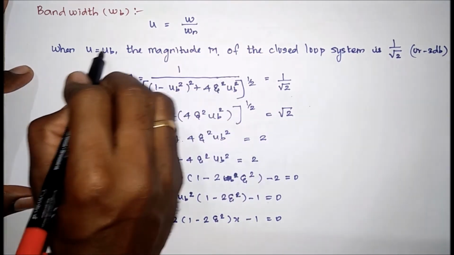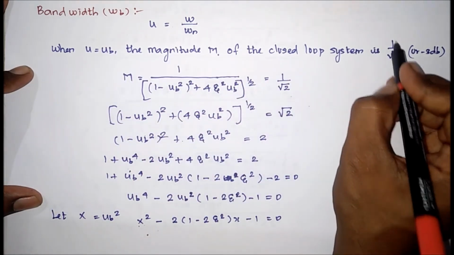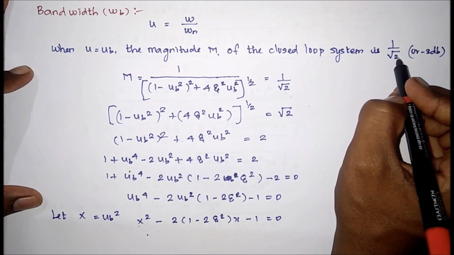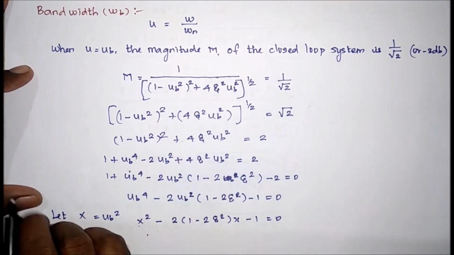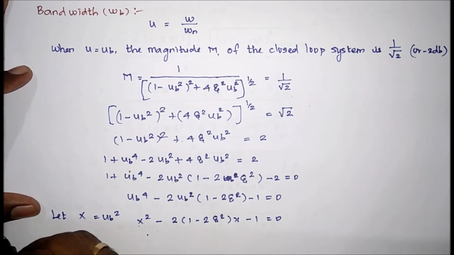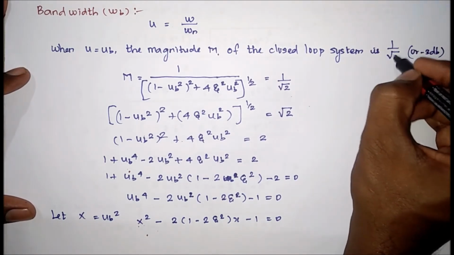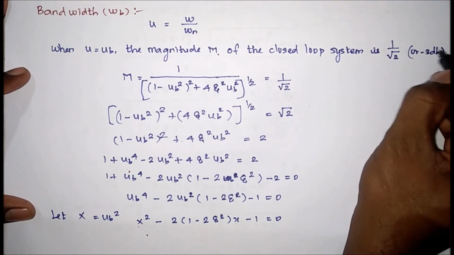So therefore when u equals ub, the magnitude M of the closed loop system equals 1 by square root of 2. According to the definition, bandwidth is nothing but the range of frequencies at which the magnitude of the closed loop transfer function is greater than or equal to minus 3 decibel.